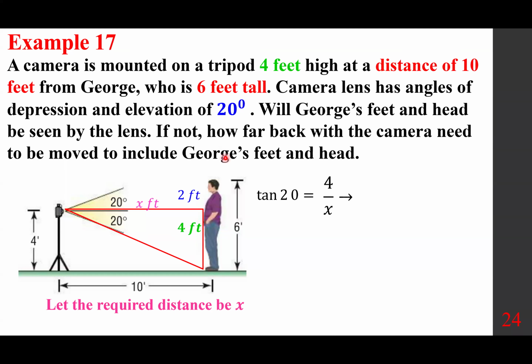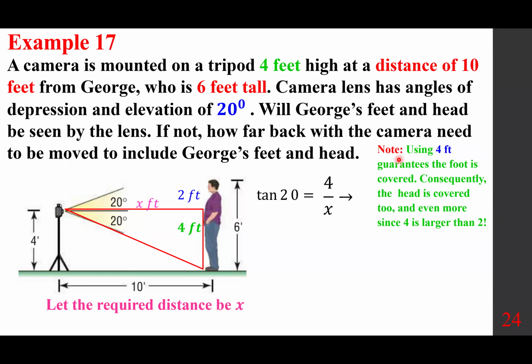So it covers somewhere here. But if it covers just the head, it can cover 2 feet down. But we need 4 feet. So we're going to go with 4, not with the 2. In other words, note, using 4 feet guarantees the foot is covered. Consequently, the head is covered 2, and even more since 4 is larger than 2. It's important to understand how that works.